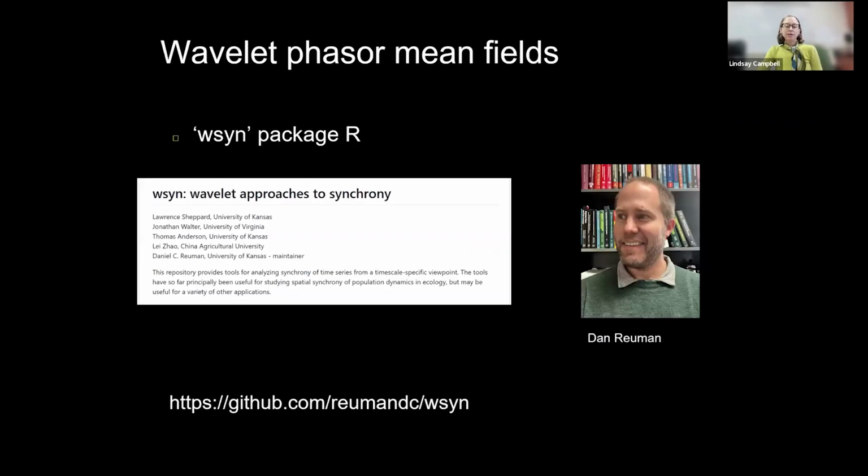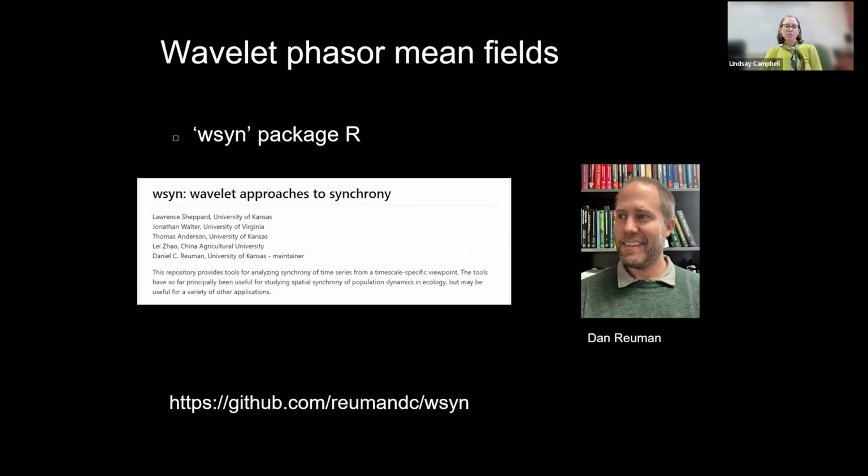Then I was working with my colleague Dan Bruman, who's at University of Kansas. He's an expert in spatial synchrony analysis and has developed multiple tools to analyze spatial synchrony in different ecological systems, including this wsyn package in R. I wanted to share this and the GitHub link.